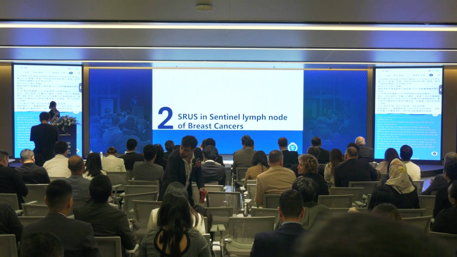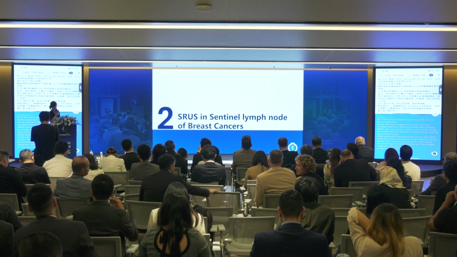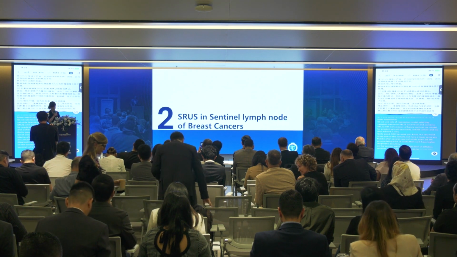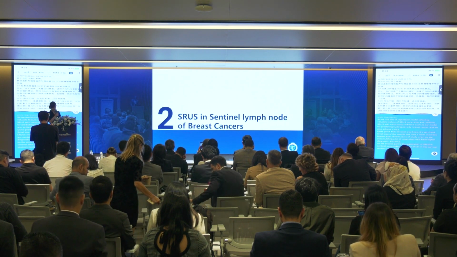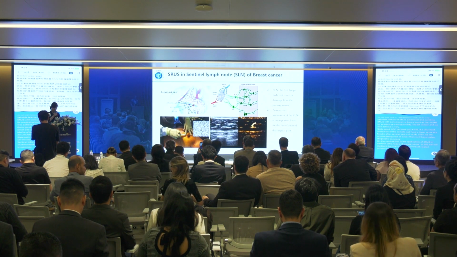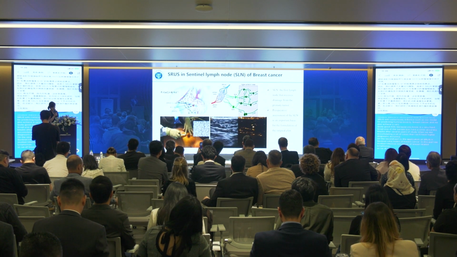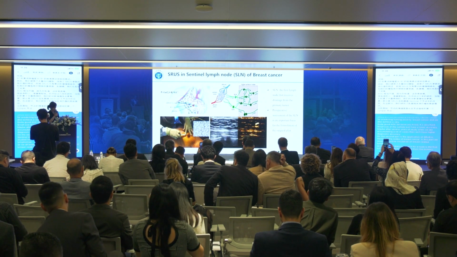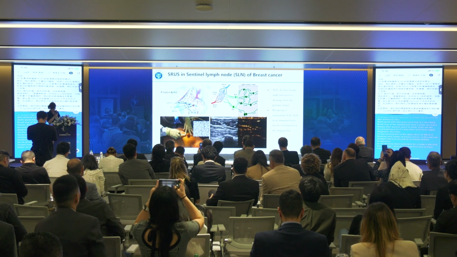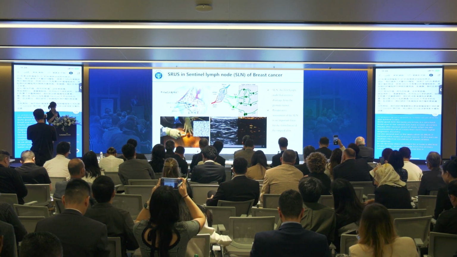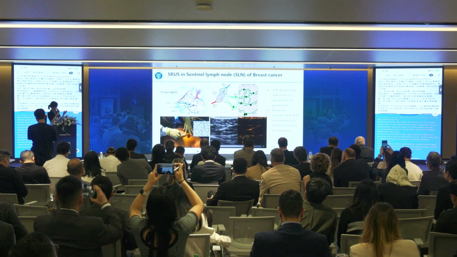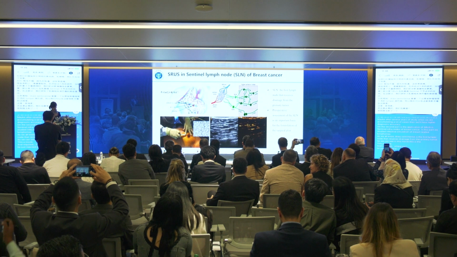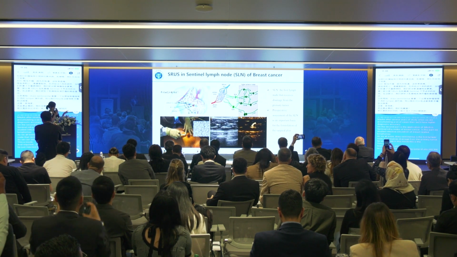The second part is the application of SRUS in sentinel lymph nodes of breast cancer. In this part, we study lymphatic circulation of breast-related lymph nodes. As we all know, the sentinel lymph node is the first lymph node that receives drainage from the primary tumor. So we can see in this movie, which we recorded just after we injected the contrast agent, Sonovue, into the skin of the breast.